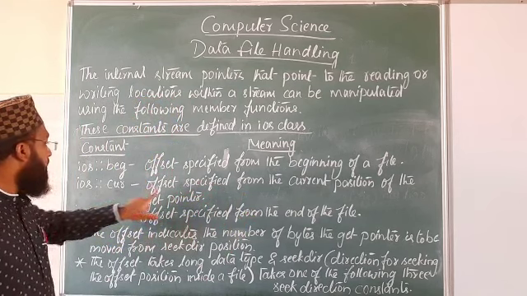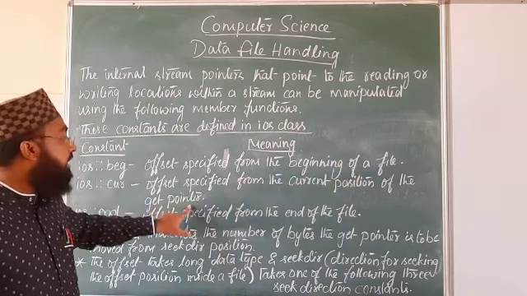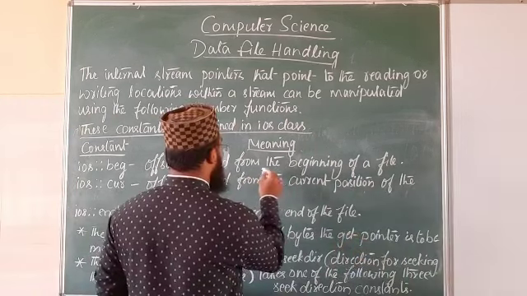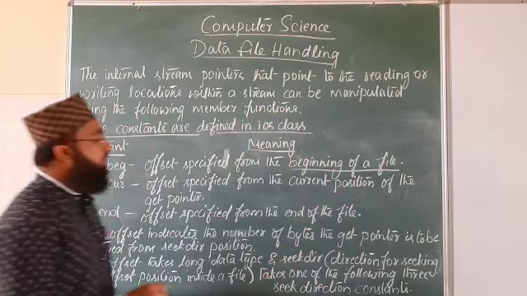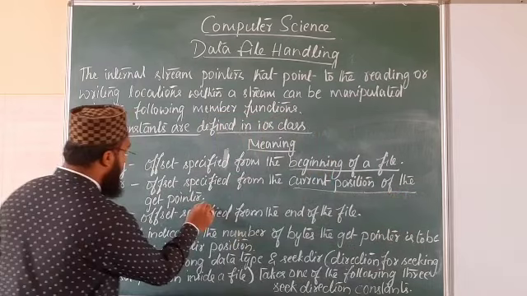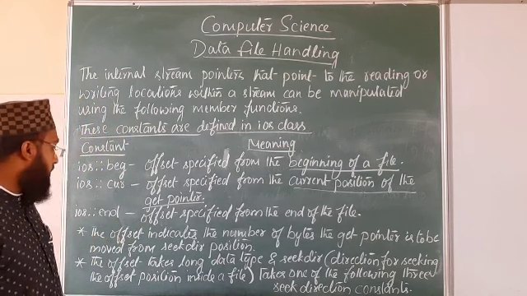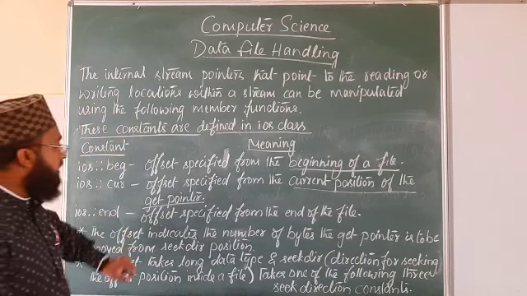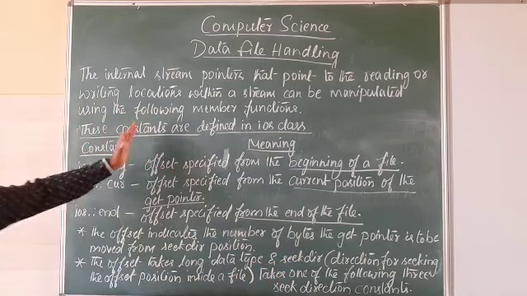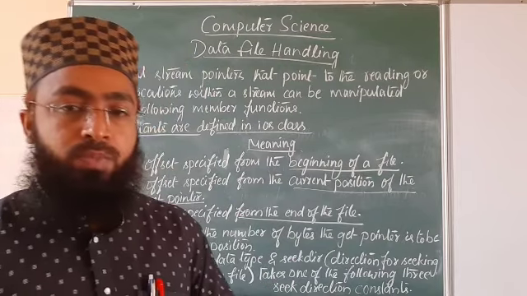Then cur means the offset is specified from the current position of the get pointer, where the get pointer shows the current position. And end means the offset is specified from the end of the file. Seek dir will take any of these three constants. Hope you have understood the concept.